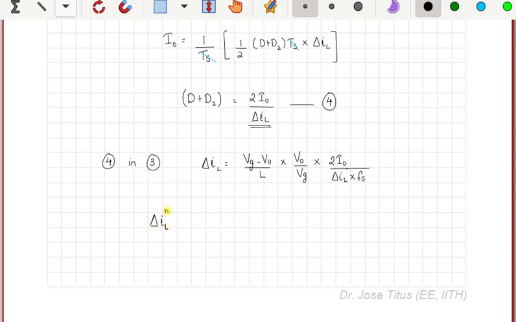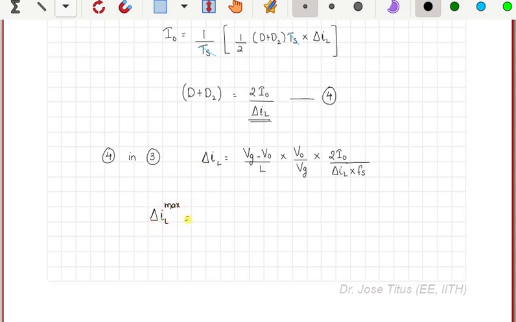So delta IL max squared would then be equal to (Vg minus VO), so let me bring Vg here, multiplied by VO by L into 2I0 by Fs, if I bring delta IL to this side.